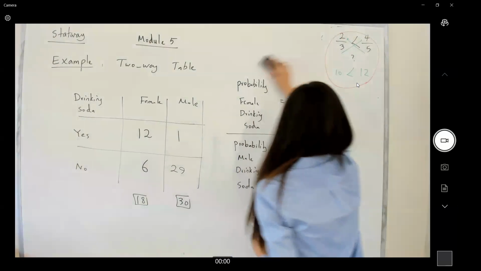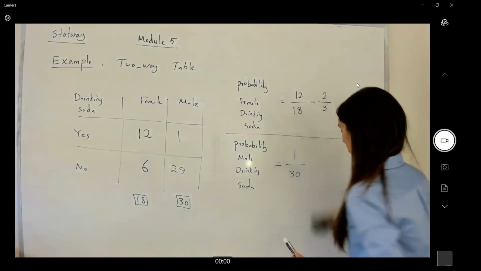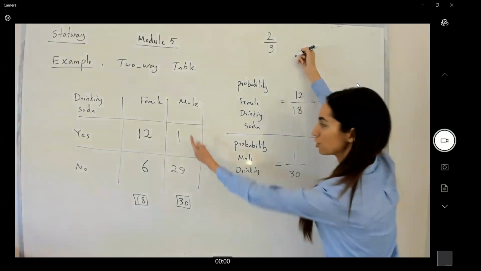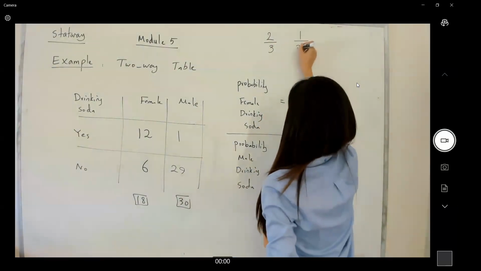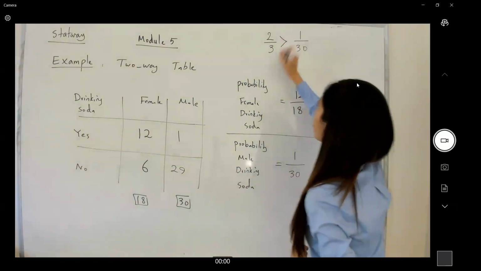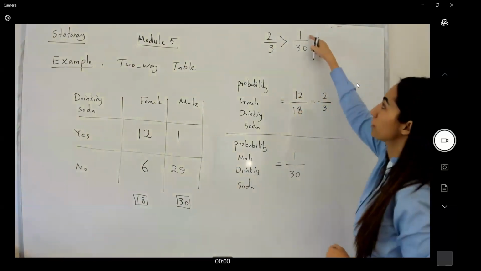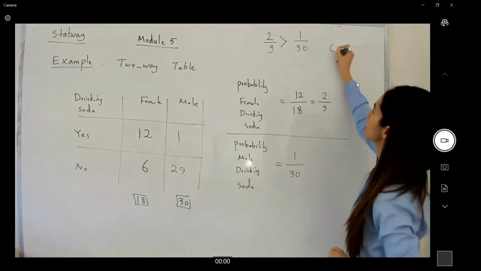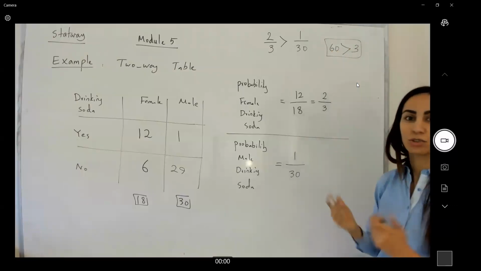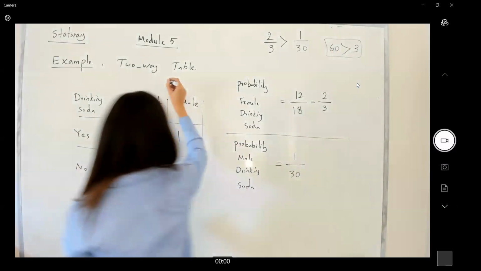Here you have 2/3, and the other fraction is 1 out of 30. 2/3 is of course greater than 1 out of 30. 60 is greater than 3. So this is the answer to question 7.